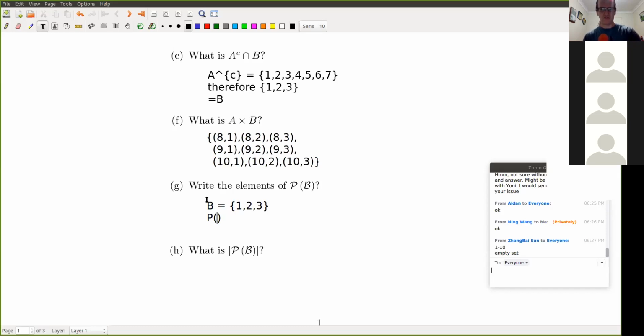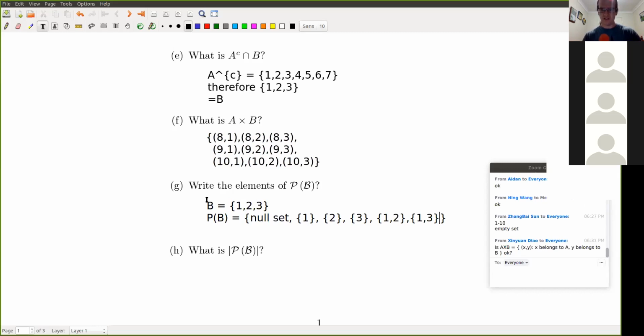P(B) is always going to include the null set, {1}. Remember, it's a set of subsets. {3}, {1, 2}, {1, 3}. Go down the line.